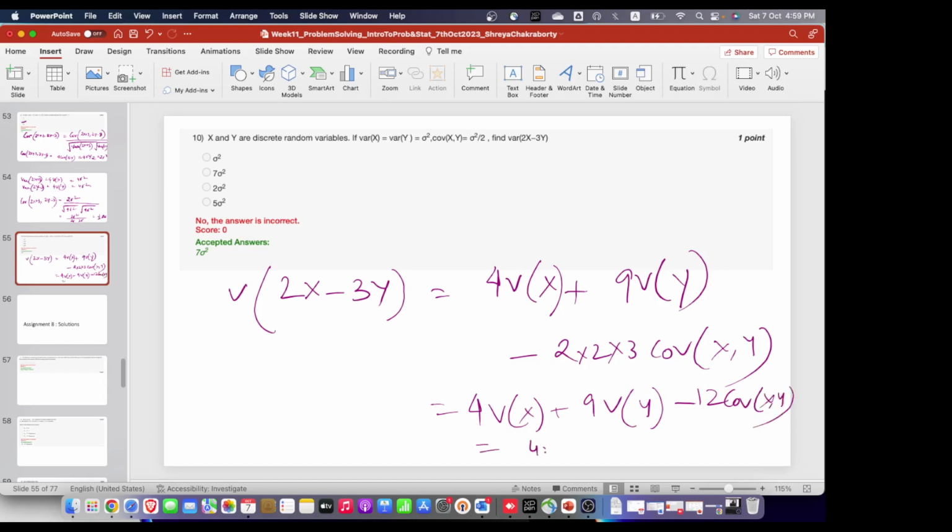So this is 4 sigma square, this is 4 sigma square, plus 9 sigma square minus 12 sigma square by 2. So we have 13 sigma square minus 6 sigma square, which is 7 sigma square. That is the answer.